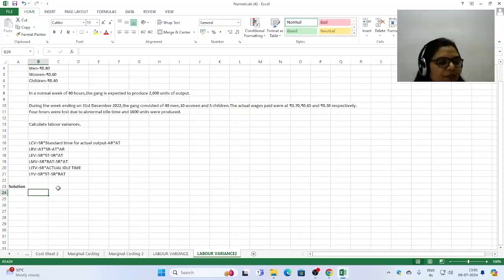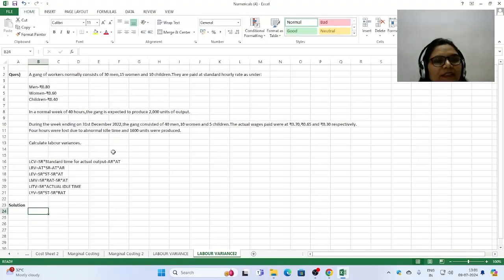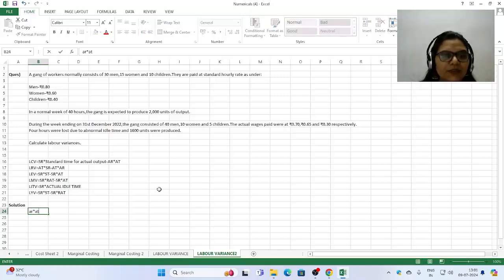Basic calculation means, first of all, we will see what is actually easy for us to calculate. Actual rate into actual time. So we will calculate actual rate into actual time.